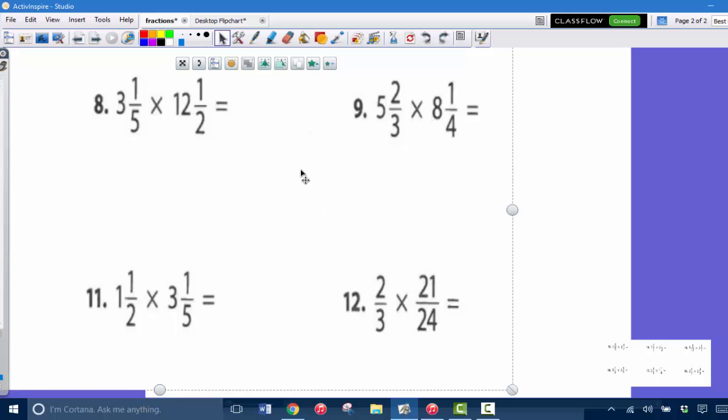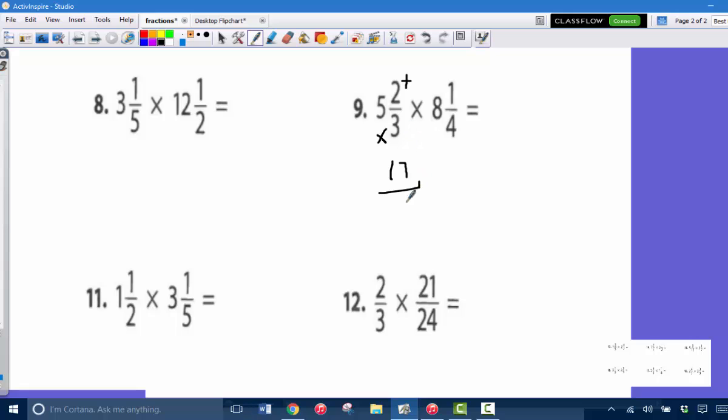All right, so we're now going to do number 9. I have this mixed number. I'm going to change it into an improper fraction. Remember, by multiplying the whole number and the denominator and then adding the numerator. 5 times 3 is 15. Plus 2, 17. Keeping the same bottom number.